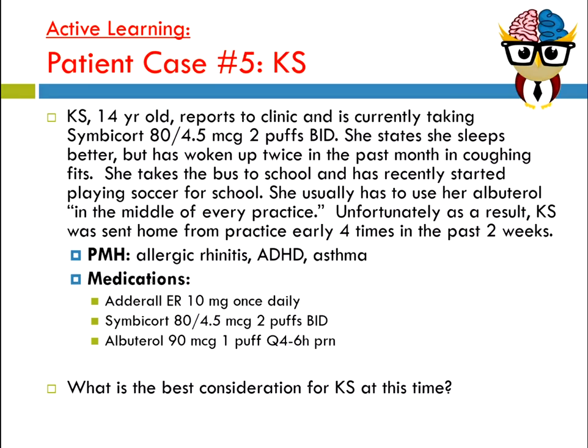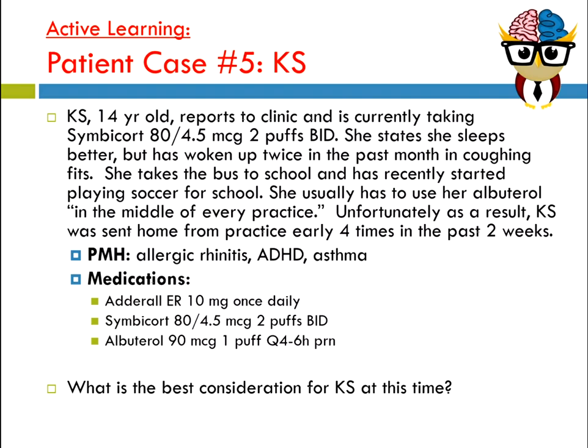So how old is she? So she's a child and an adult. Okay, and what do we want to do? Her asthma is uncontrolled. When is she using her inhaler? It should be before, but she's using it in the middle.